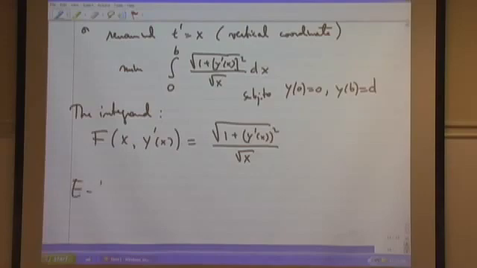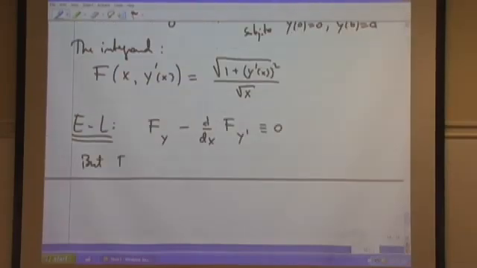So what's the Euler-Lagrange equation? There's only one equation, right? It's basically saying partial of f with respect to y, that's 0, right? Because y doesn't appear explicitly, minus derivative with respect to x of f with respect to y prime, is 0.